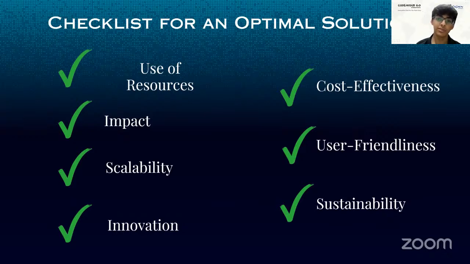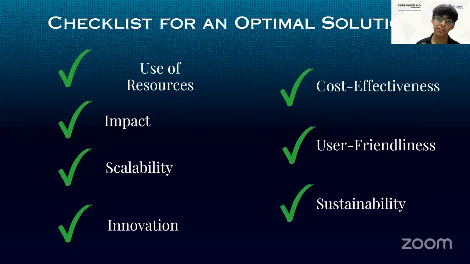Next is impact. Impact should be something that's measurable for a solution. You should have a clear idea that this solution will have this much impact. People can measure it and see my progress through these lenses, through these metrics. And based on that, you should build out your solution. If your solution doesn't have impact, you're kind of failing the point of Codeavour, which is to build out solutions that solve real world problems.